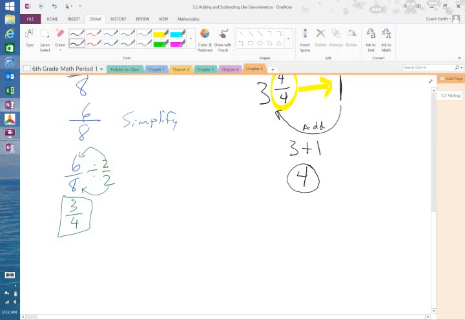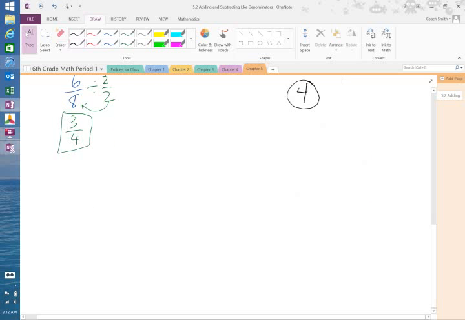All right, now let's look at another example. Let's look at a subtraction one.